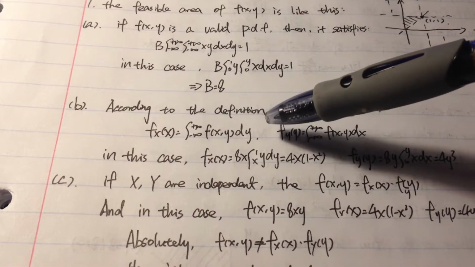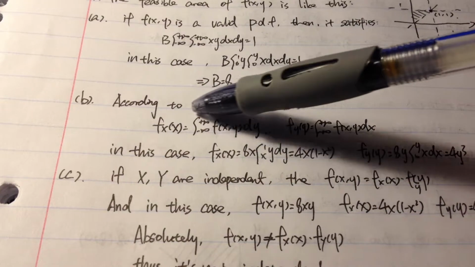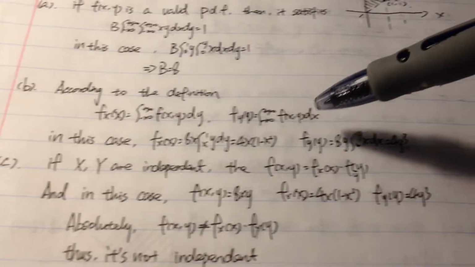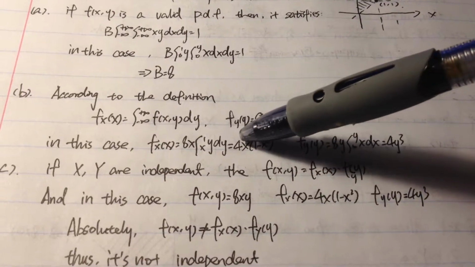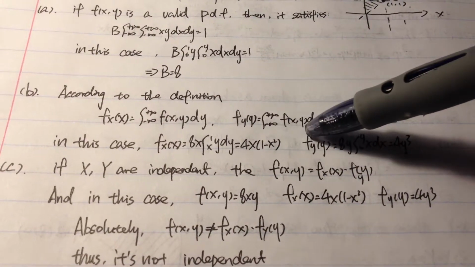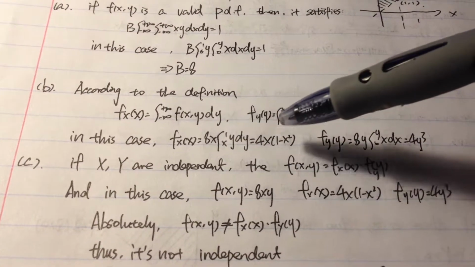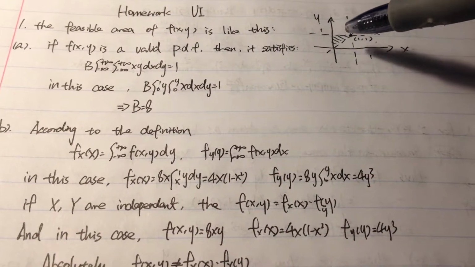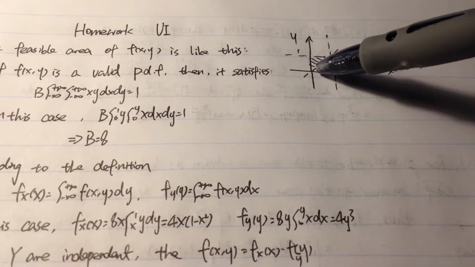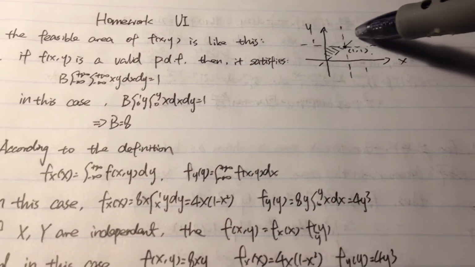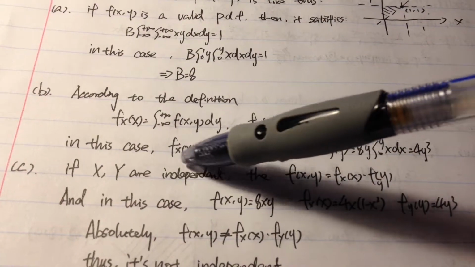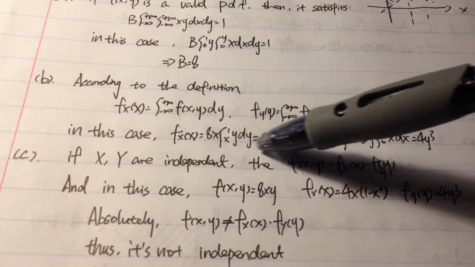And according to the definition, the probability density function of x equals this one, and the probability density function of y equals this one. In this case, y is from x to 1, and according to the feasible region shown here, we can know f(x) equals this one.